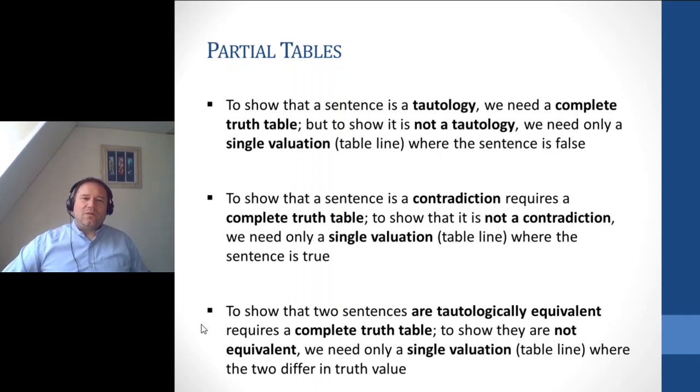Similarly, when we think about tautological equivalence, to show that two sentences are tautologically equivalent, we need a complete table, like what we did with our example in the previous section. But to show that two sentences aren't equivalent, we only need a single valuation, i.e. one row, where they differ in truth value. This is handy because it'll save us a whole bunch of time from doing a complete table.